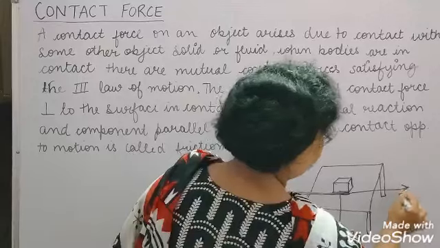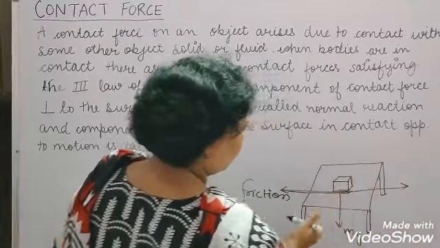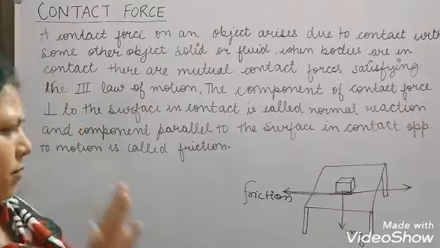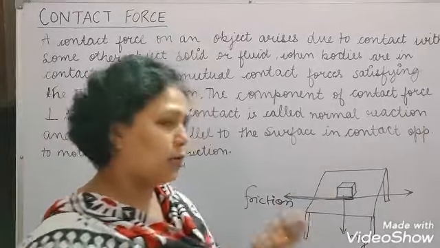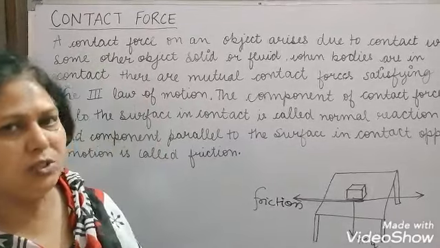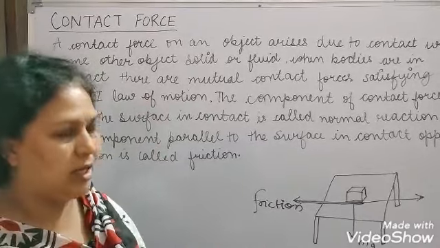Suppose the block starts moving in this direction, so friction force will work in this direction. Even though the block is just kept over here, the friction force would be there between these two, and that is called static friction, which we'll see in the next video.